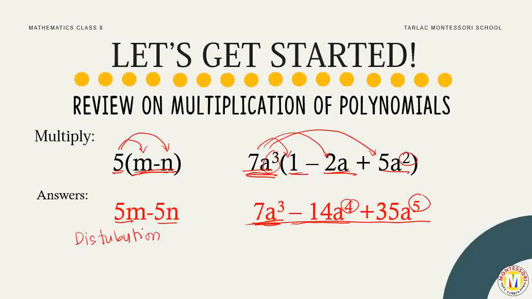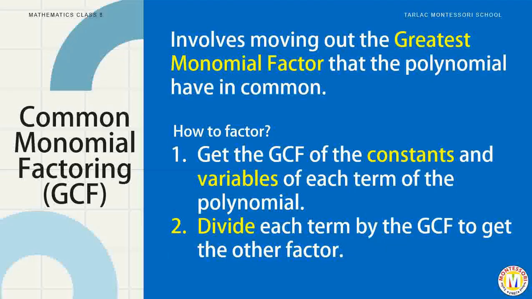Moving on, we have this first factoring technique to discuss, common monomial factoring by GCF. From the term itself, common monomial factoring means we will be involved with monomials as well as with GCF. So it involves moving out the greatest monomial factor that the polynomial has in common.